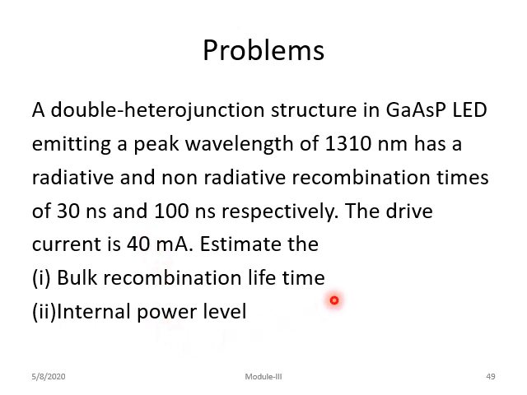The bulk recombination time is calculated using tau = tau_R times tau_NR divided by tau_R plus tau_NR. The answer for the first case is 23.1 nanoseconds. For the second case, the internal power level is P_internal = eta_internal times hcI/(q lambda), where eta_internal is tau divided by tau_R. hc/lambda can be taken from these values, and the answer is 29.2 microwatts.